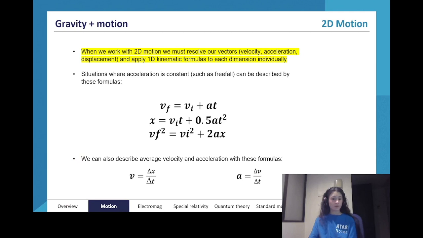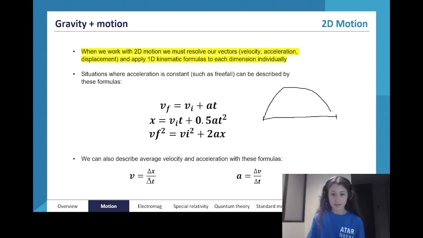I'll just quickly give you an overview of what projectile motion looks like and some important things to pop in your notes. Remember that the maximum height of a projectile occurs when the velocity in the y direction is equal to 0.